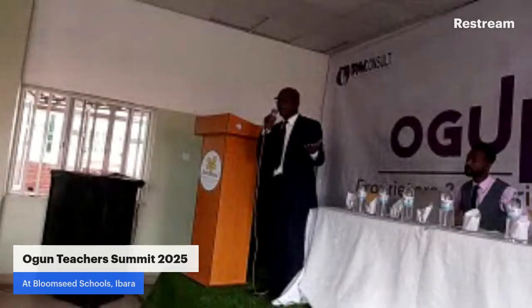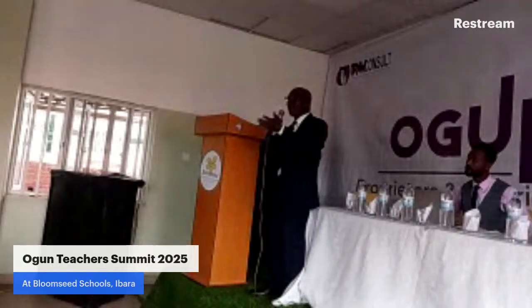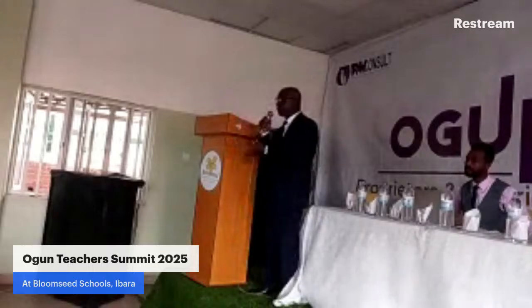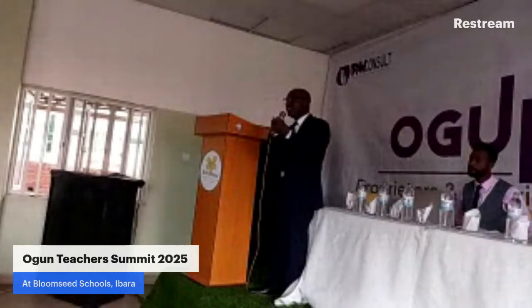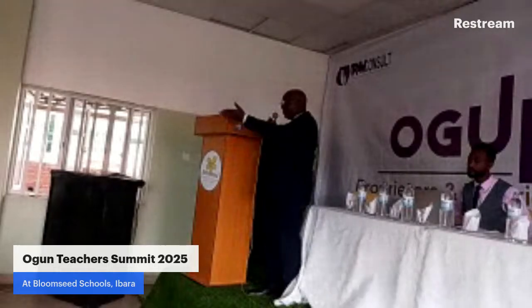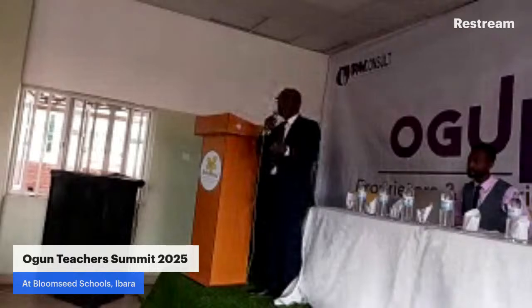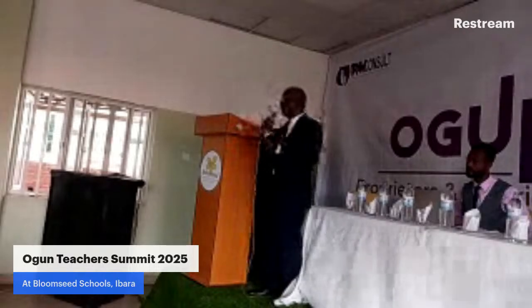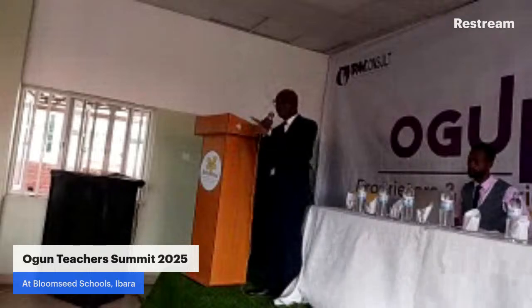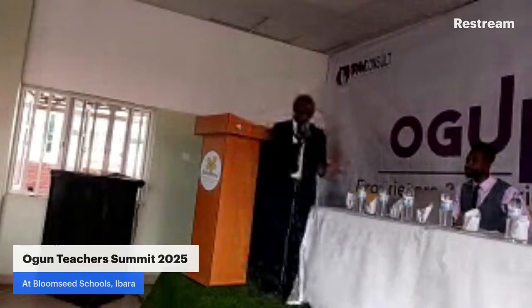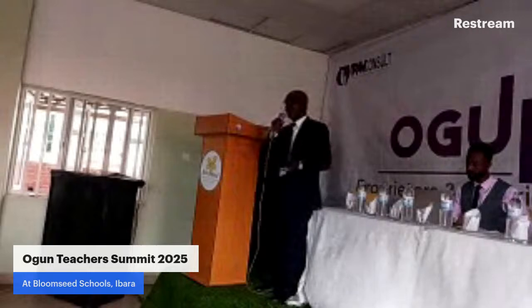The digital platform for education revitalization. That's an innovation, and it has made education seamless in Ogun State. At your sitting position, you can click and get information about any student, any school, anywhere in Ogun State. That's a laudable innovation, and that's kudos to the Commissioner for Education.